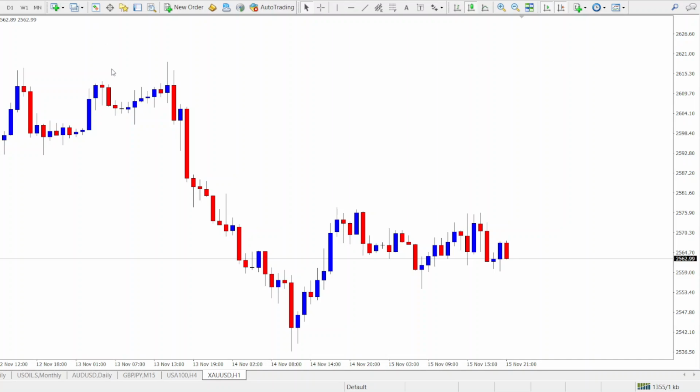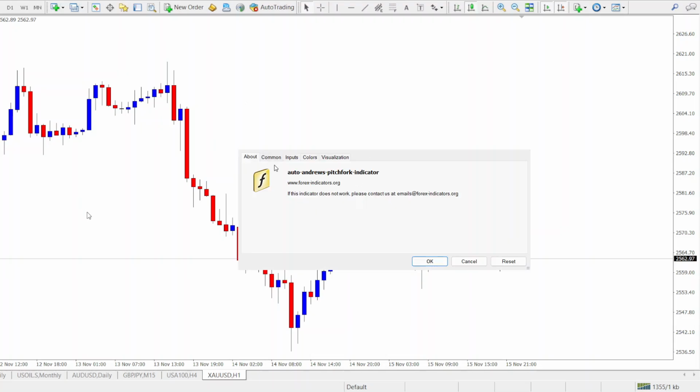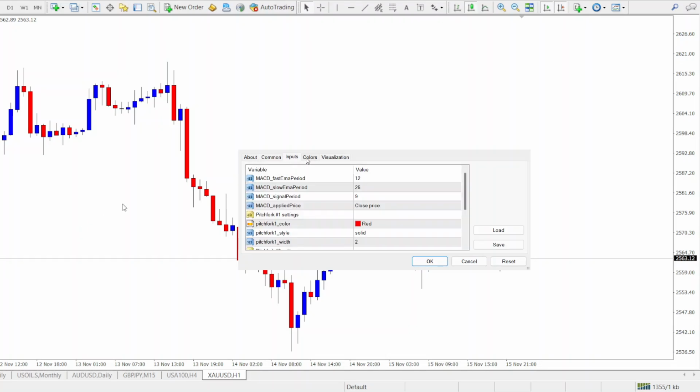Just go to insert, indicators, custom, and then after you must have already added the indicator to your indicators folder, then you now go to the Auto Pitchfork Indicator.